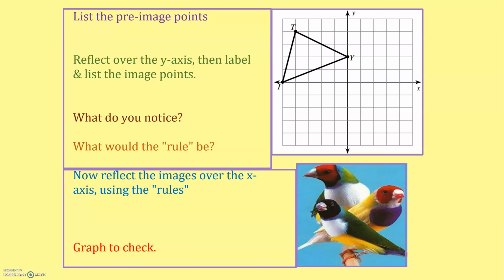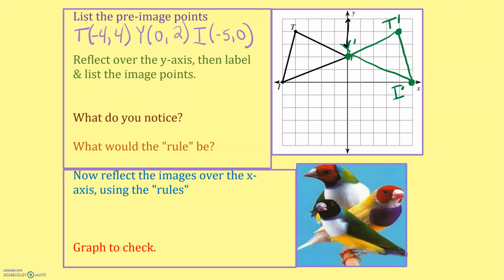List those pre-image points, try to reflect them over the y-axis, and look at what would happen if I flipped it along the y-axis. What would happen to that triangle? Then list the image points. What do you notice, and what do you think the rule would be? Pause the video, set it up, check it out, and try to get that reflection in.